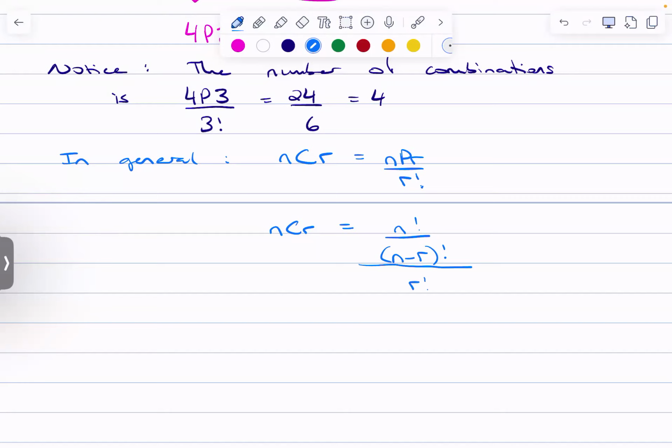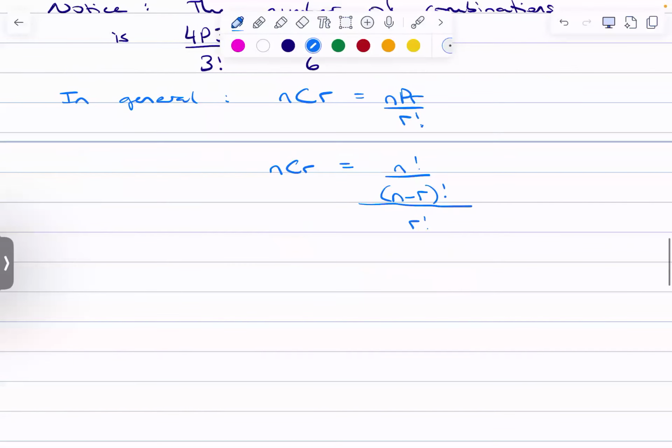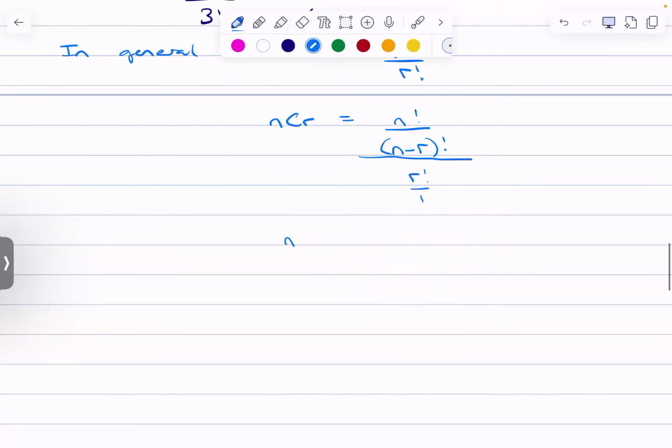Don't worry, you'll just have the final result, but I do want you to see it. This is a fraction over a fraction, right? r factorial is just r factorial technically over 1, right? So if you flip that and multiply it, you get this. nCr is n factorial over n minus r factorial times 1 over r factorial.